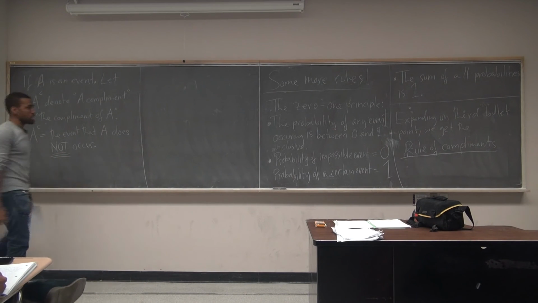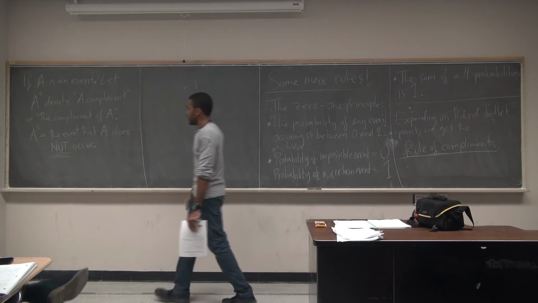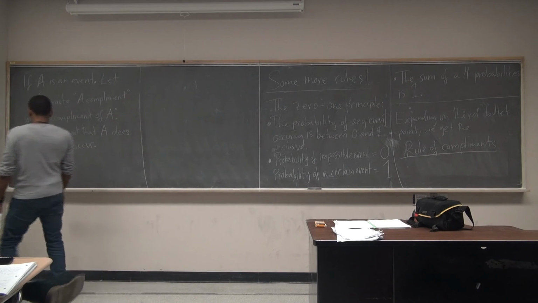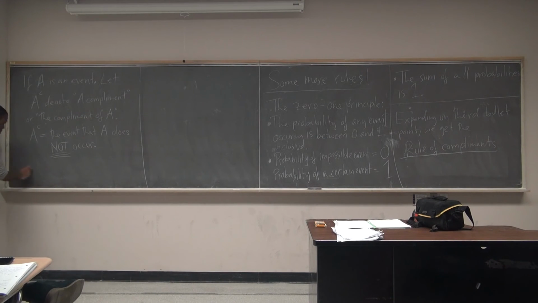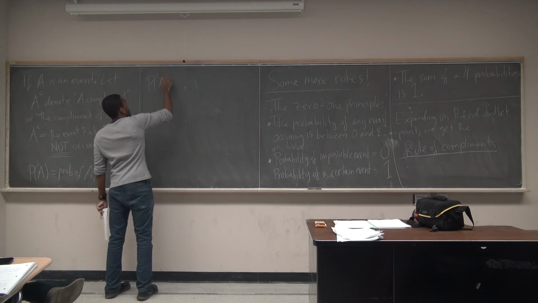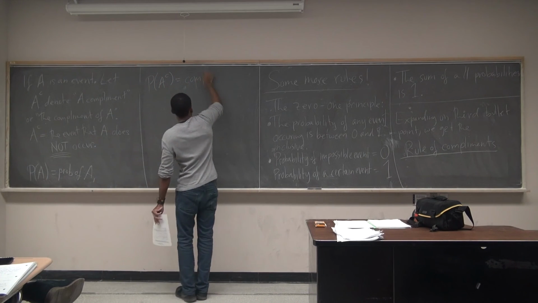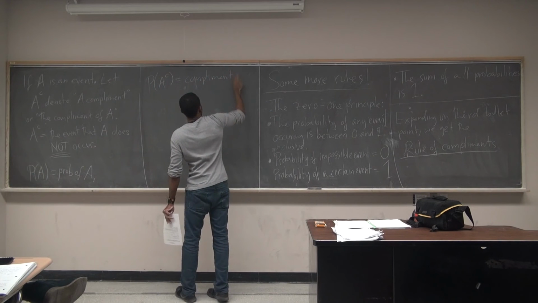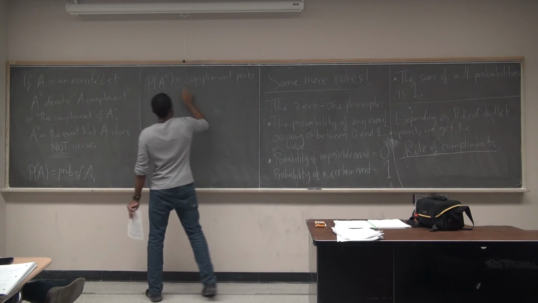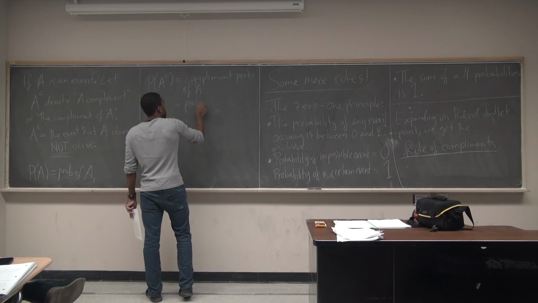What are the chances of something not occurring? We call that the complement probability. So P of A is the probability of A, and if I take the probability of A complement, this is the complement probability of A, which is the probability that A does not occur.